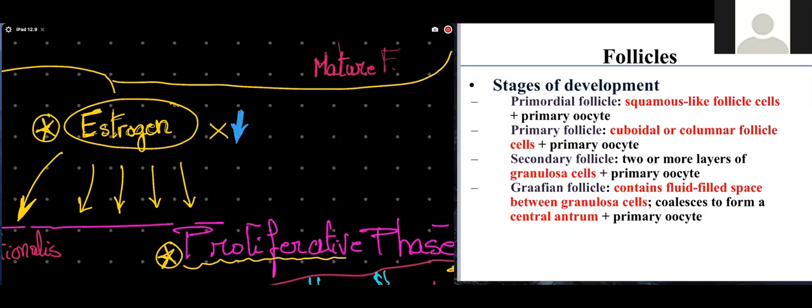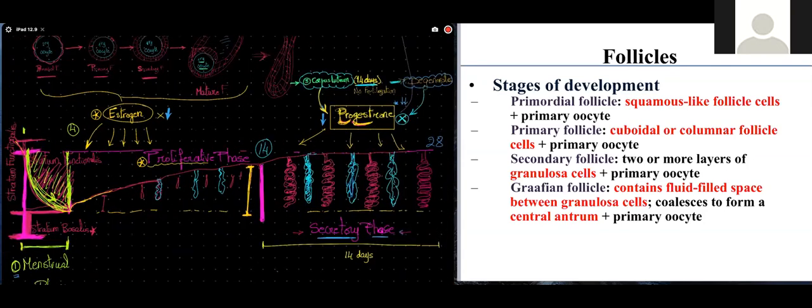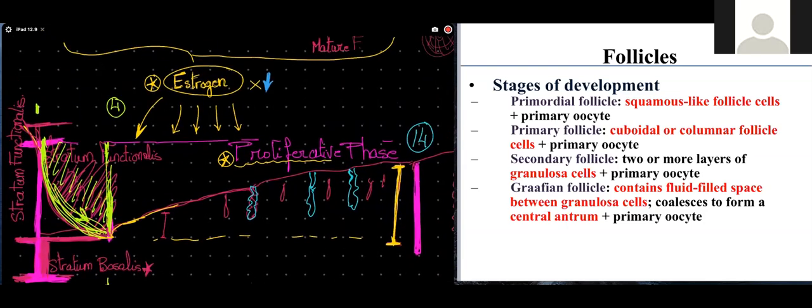So at this point, what ovarian hormone would I have once I degenerate the corpus luteum? Once you degenerate the corpus luteum, do you have any progesterone? No, exactly. Do I have any estrogen? No.